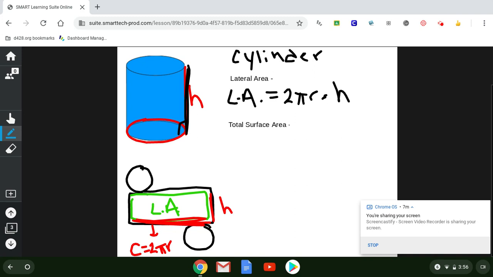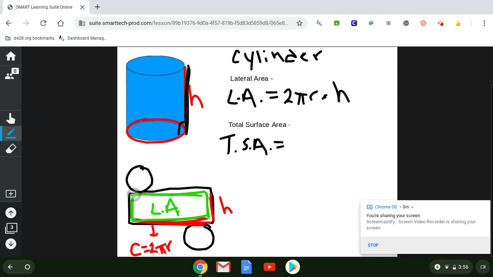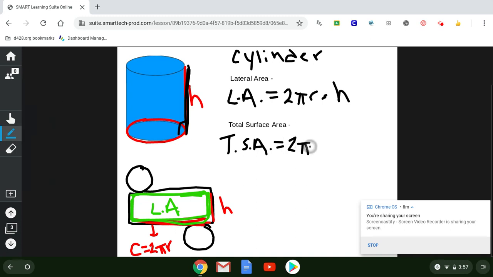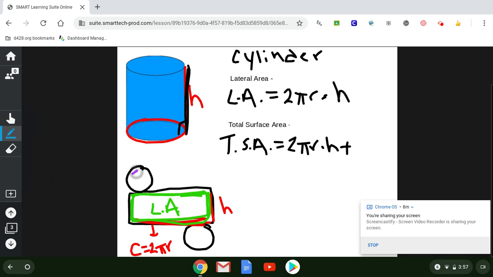All right, so total surface area is still going to use that lateral area because I need the area of this, but I also need the area of the bases. So it's still going to have that 2 pi r times h, but then I have to add the area of the bases. And in cylinders, the bases are always going to be circles.